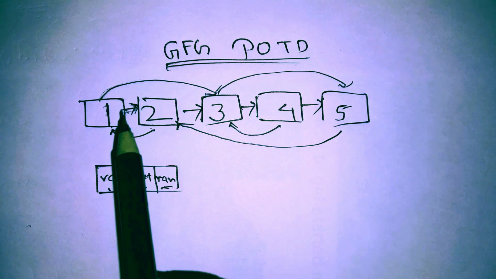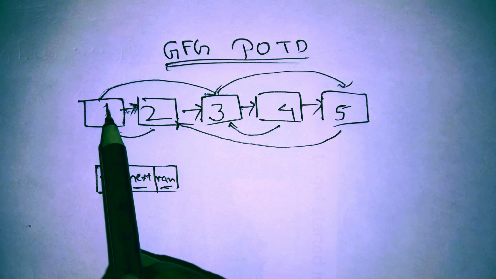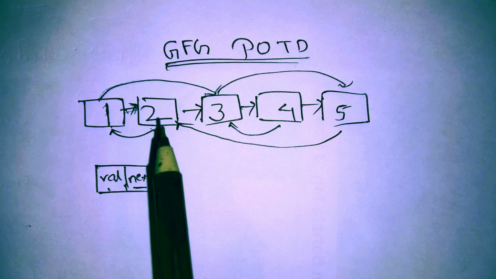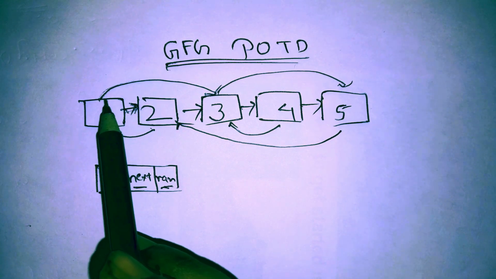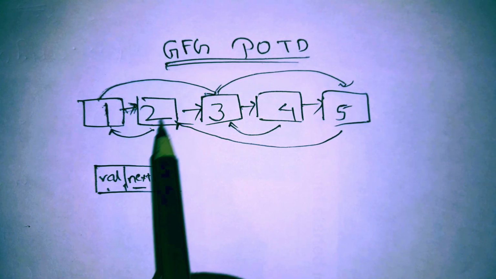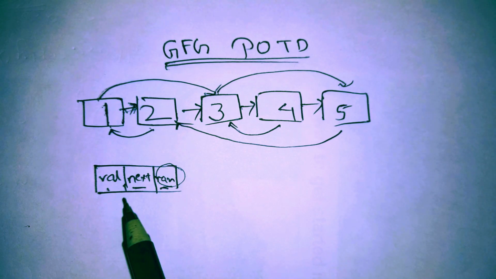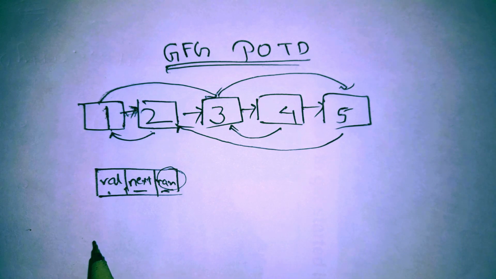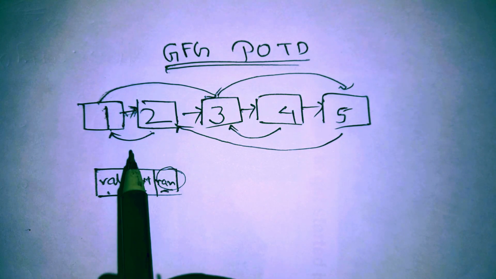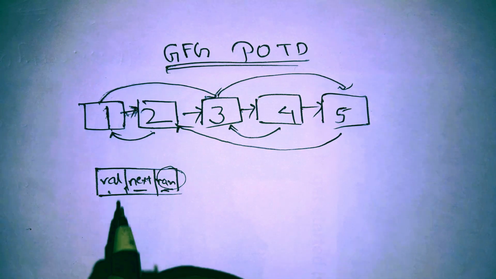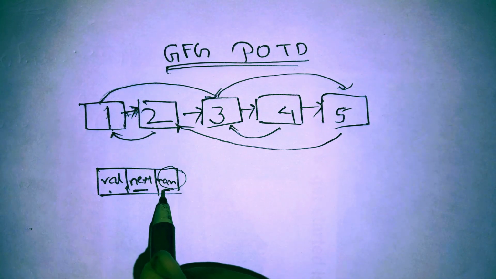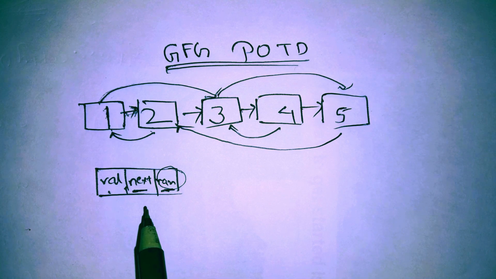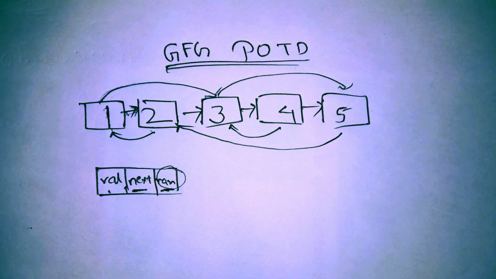But here is a catch: each and every element may refer to another node by using random pointers. You have to return the head of the linked list by which you can store each and every element and its next element and its random element. Hope it is clear.